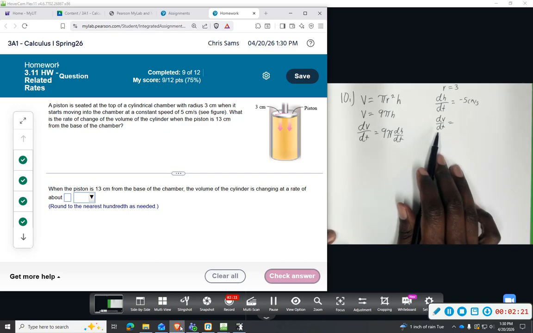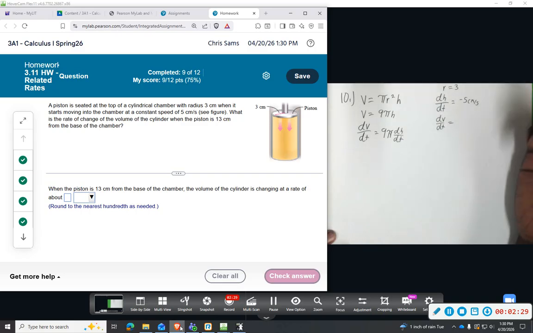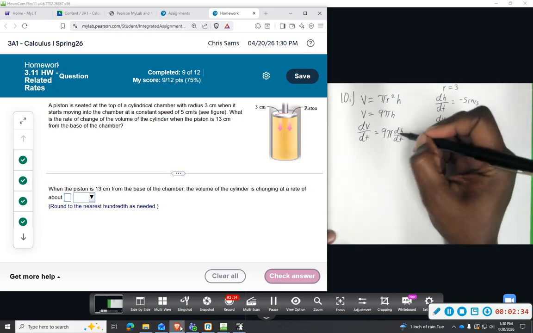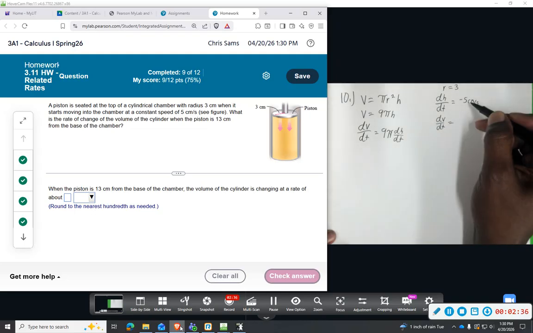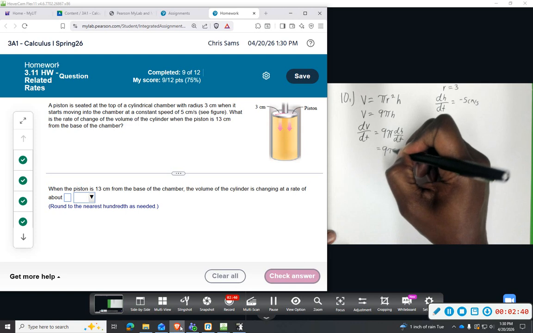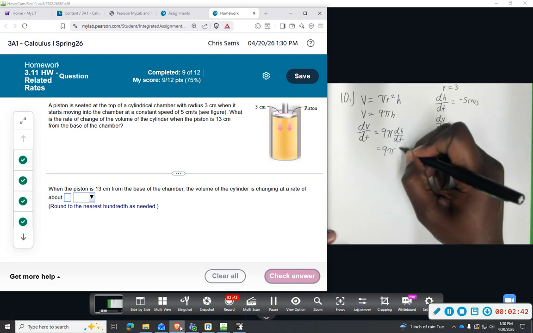We want to know what rate the volume is changing when the height is 13 from the base, which we don't even really get to use. We just need the dH dt part. So we have 9 times pi times negative 5.